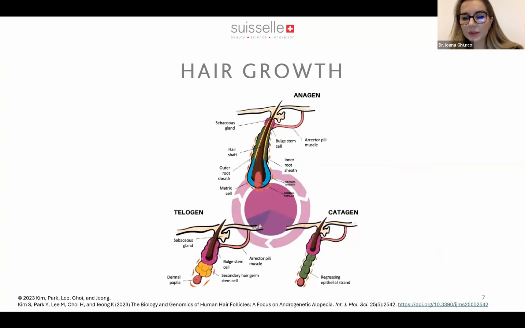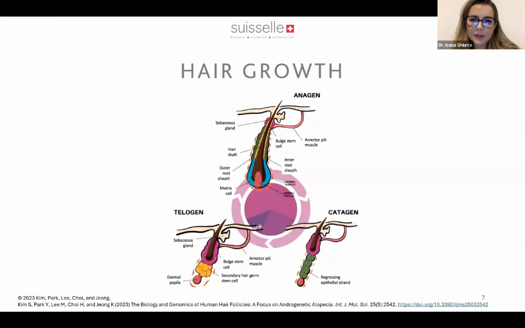Normally 80 to 90% of hair follicles are in the anagen phase, 1-2% in the catagen phase, and the rest in the telogen. During the anagen phase, the hair follicle regenerates fully. This is where the hair shaft is produced with its pigment also. It's a phase that can last between 2 and 8 years. It depends on many factors.